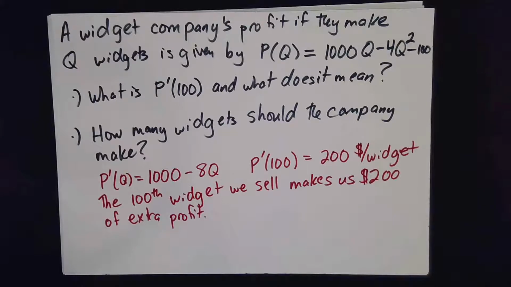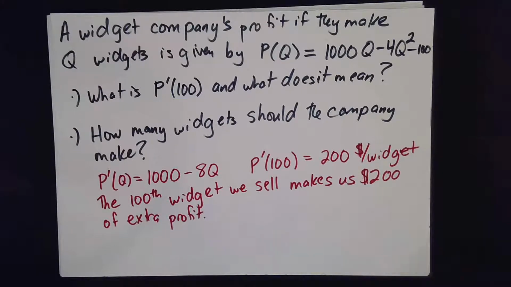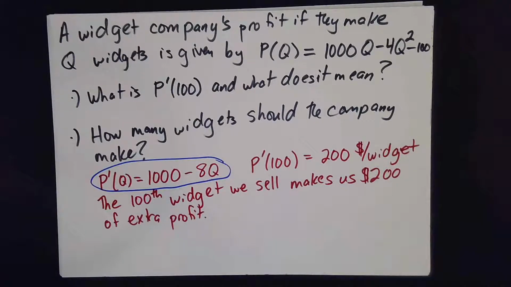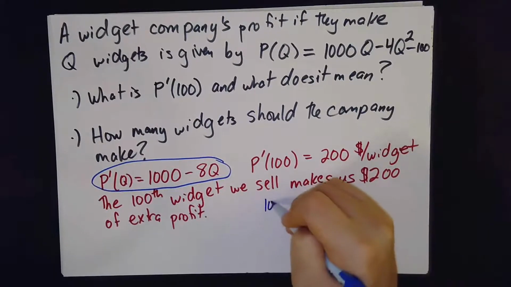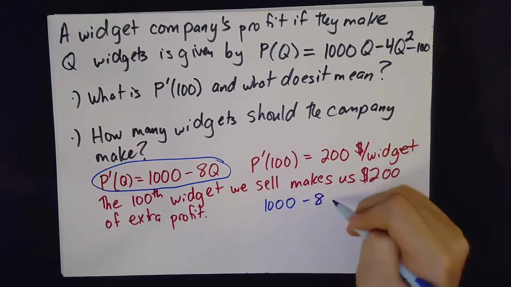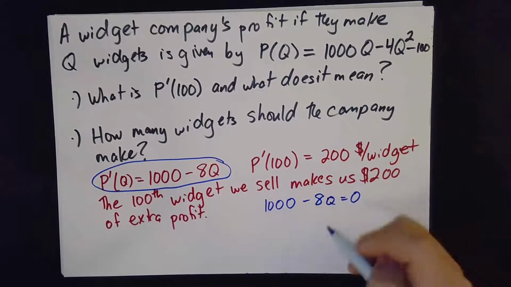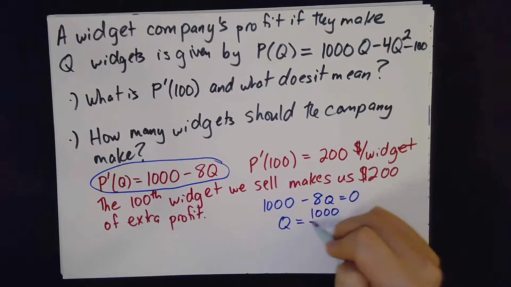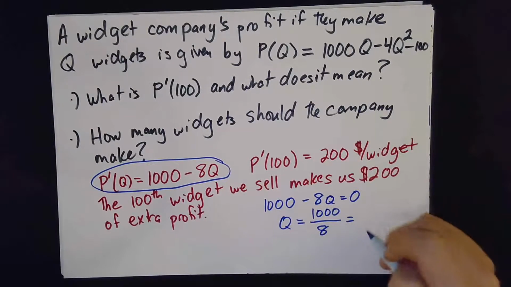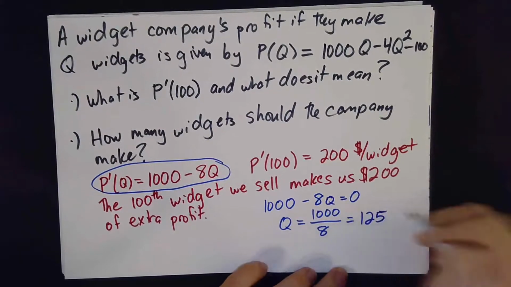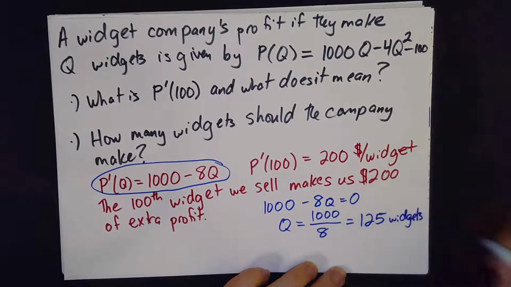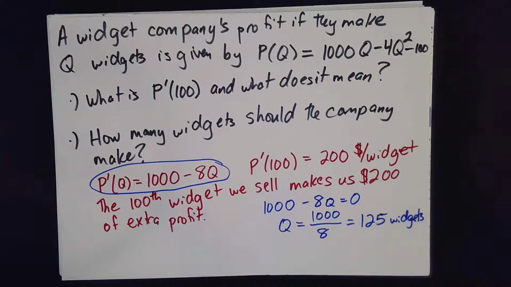And so really what we're solving here is the equation derivative of profit equals 0. So that will give me Q equals 1,000 over 8, which will give me 125. And this is in widgets. And so making 125 widgets will make us the most possible profit.